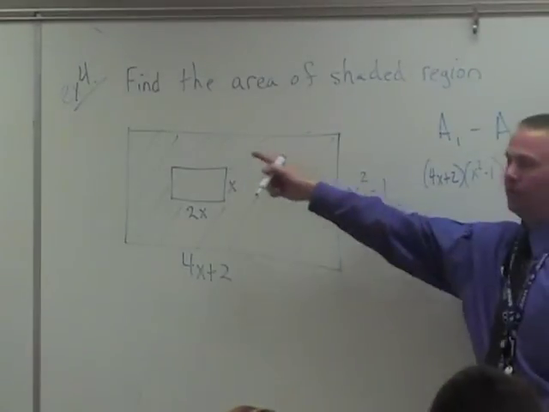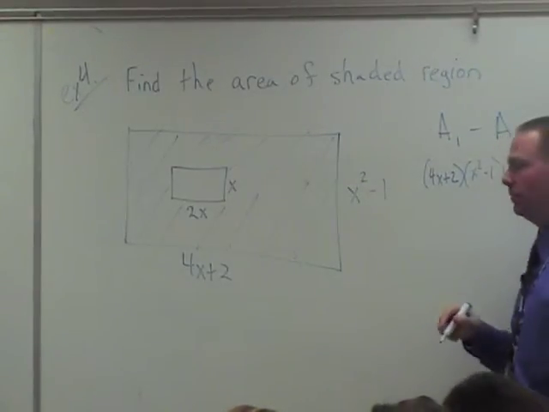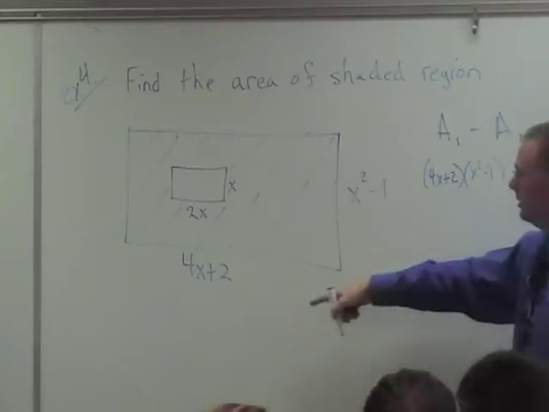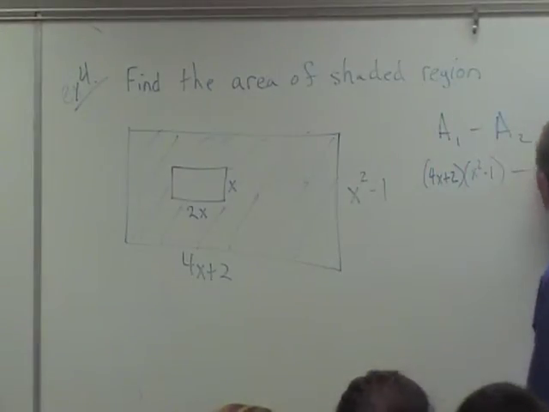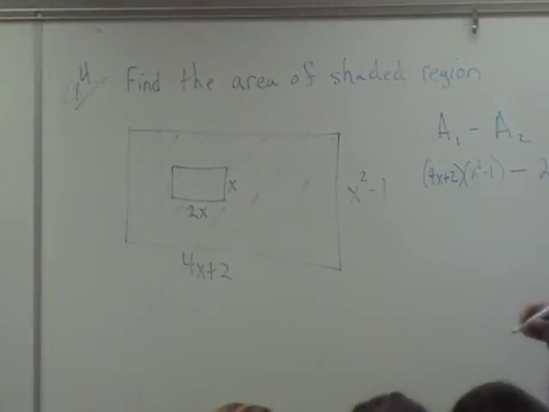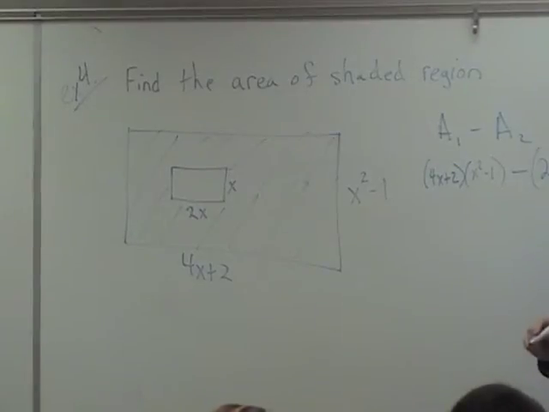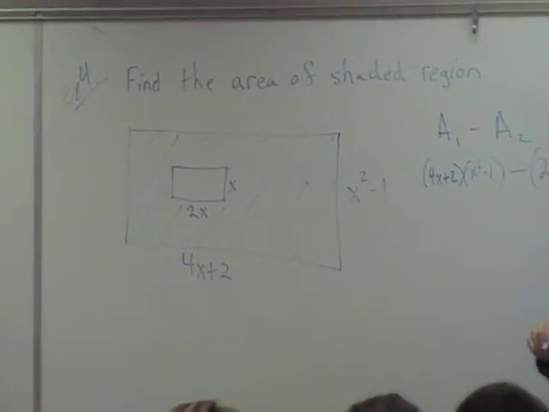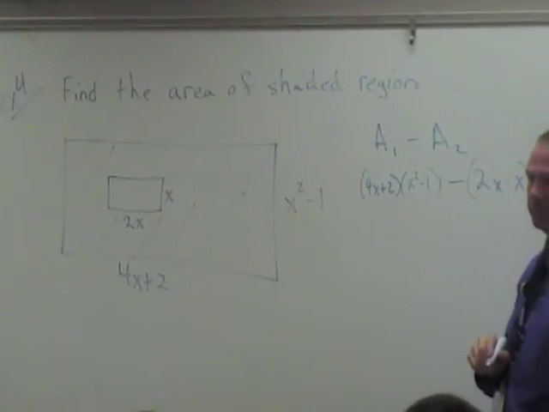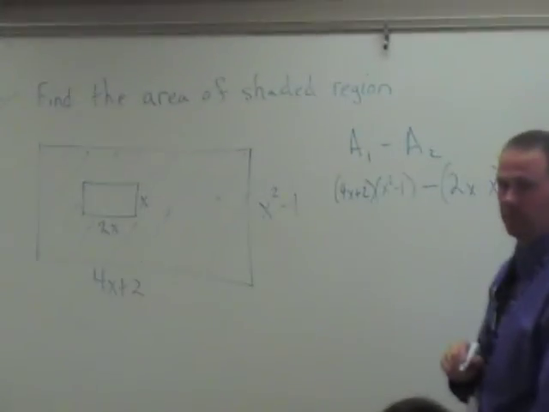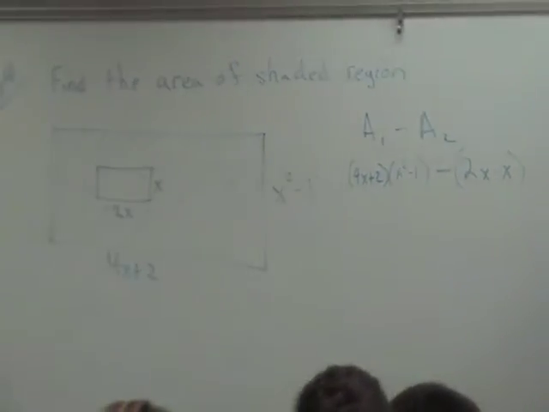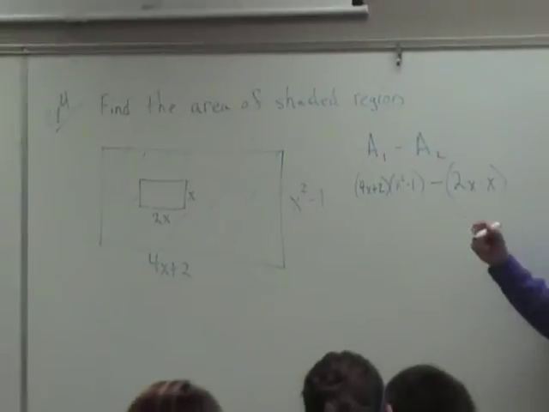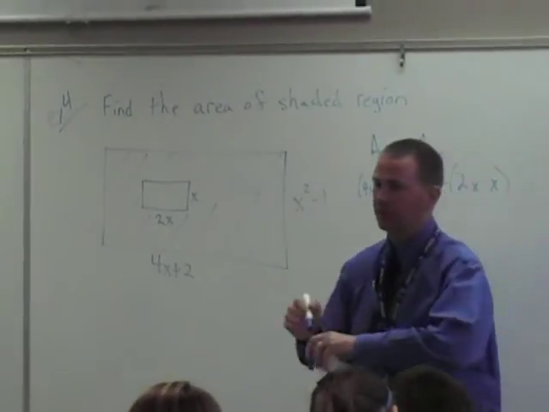That's the area of the larger rectangle. Then we're going to subtract this area, base times height. Who set it up correctly? Everybody figure that out, and then I'm going to do it on the board and see if you got it right.